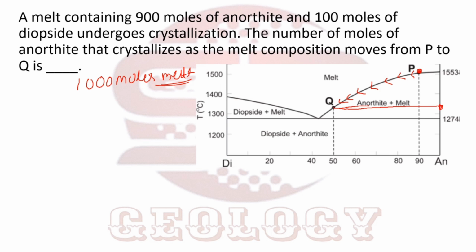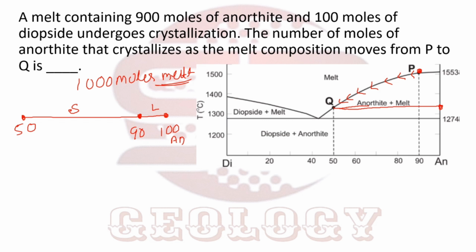At Q the liquid composition is given as 50% anorthite. This is 100% anorthite, and this is the initial 90% anorthite. So we have to calculate the solid percentage. This segment gives the solid and this segment the liquid.